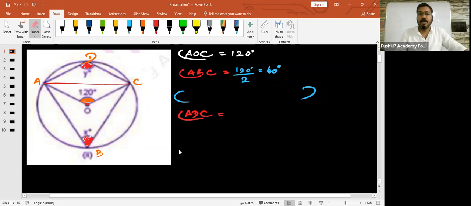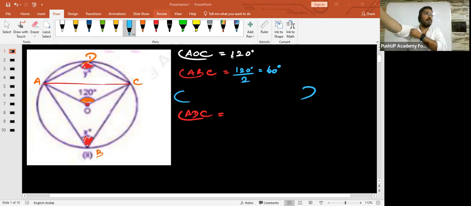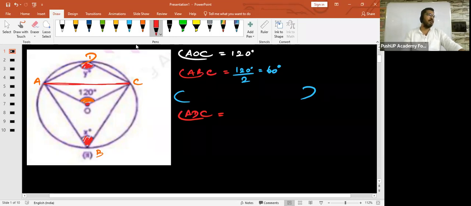Now children, for applying the reflex angle property, no problem, Hussein. For applying the reflex angle property, you know the angle subtended by this chord AC at the center of the circle. It is 120 degrees. But you are going to apply the reflex angle property. So you need to have an idea what the reflex angle is over here, isn't it?